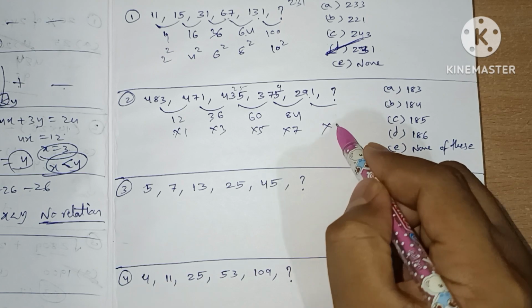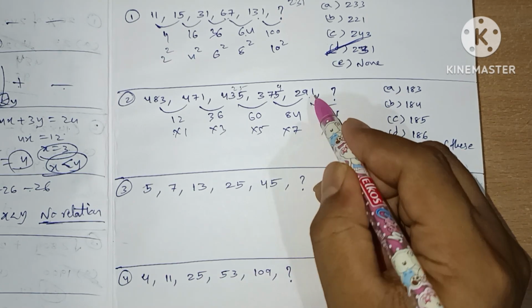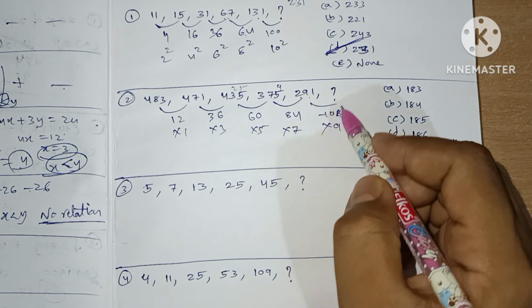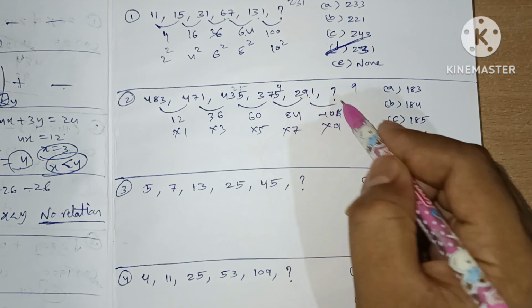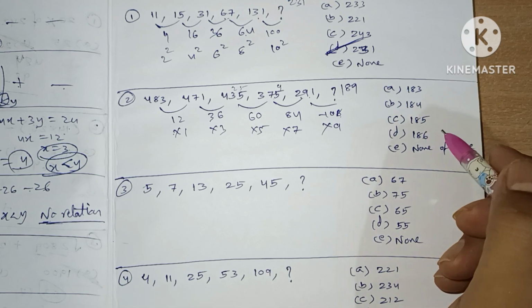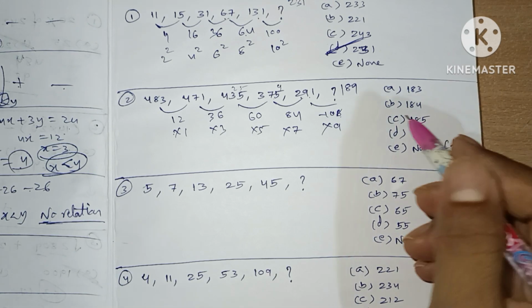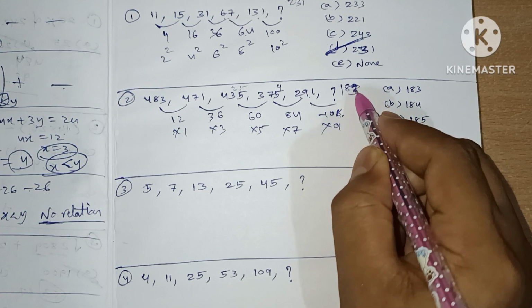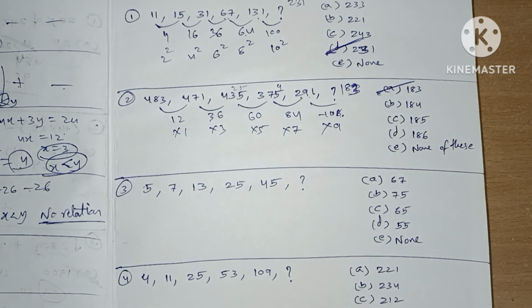So the next one must be 12 9 times, which is 108. So 108 subtracting from 291, we get 189. So the answer will be, wait a second, 1 minus 8 will be 3, 183. Option A is our answer.